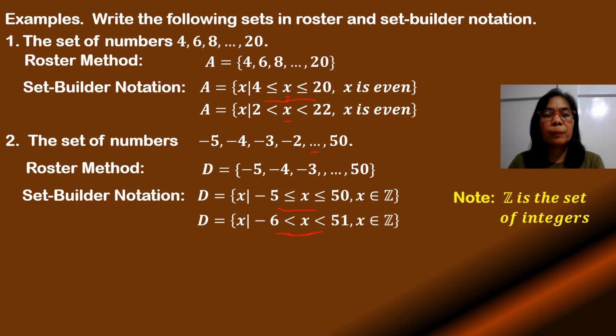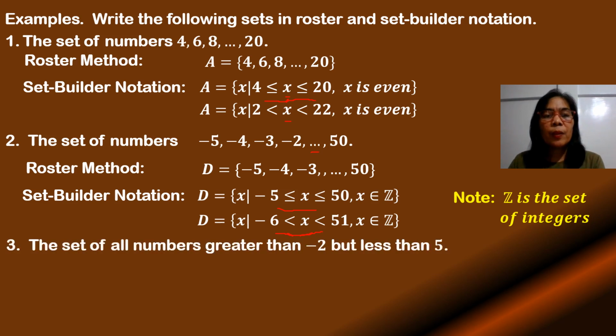We have another example, the set of all numbers greater than -2 but less than 5.